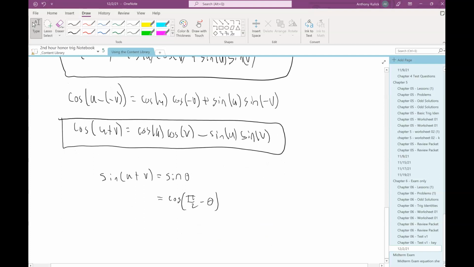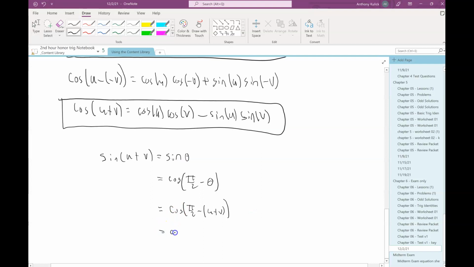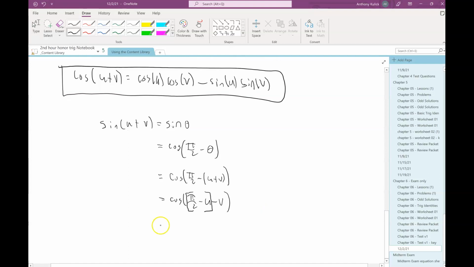And then I can use my difference of two angles. Oh, no, I don't want to do that. That's going to be bad. I'm going to write this as u plus v. And then we'll distribute the negative through. And then I'm going to group these together as like one angle and apply my angle difference formula for cosine.